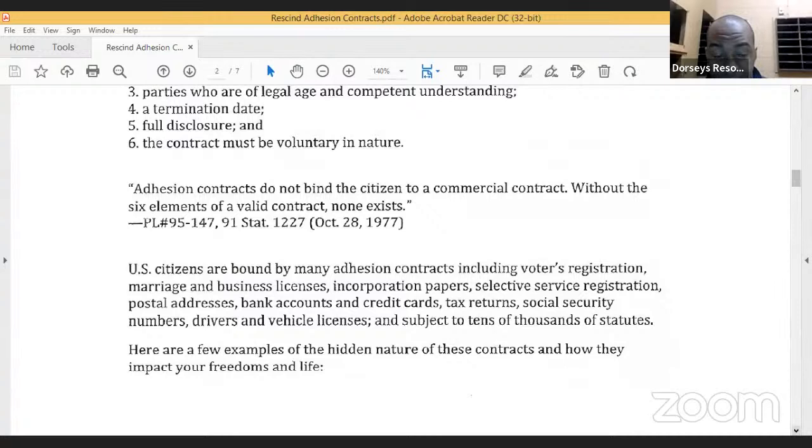It says U.S. citizens, I'll read this paragraph once again, are bound by many adhesion contracts, including voter registration, marriage and business licenses, corporation papers, selected service registration. I will also add military DD-214 papers, beautician license, barber license, postal addresses, bank accounts and credit cards, tax returns, social security numbers, driver's license, vehicle license, and are subject to tens of thousands of statutes.